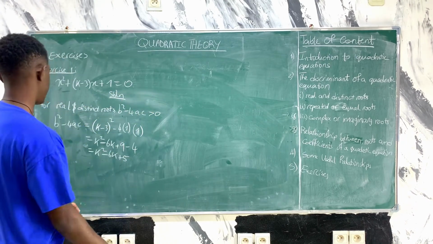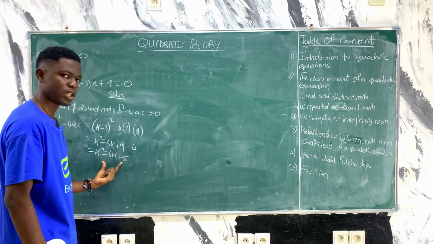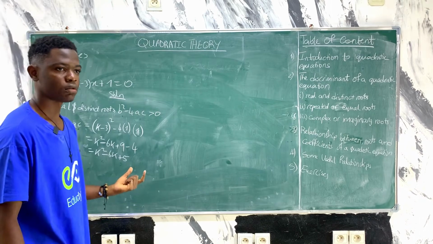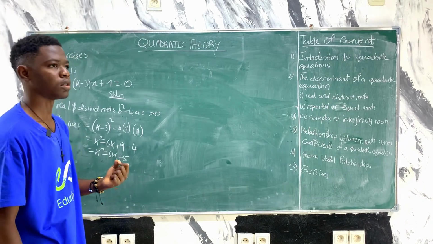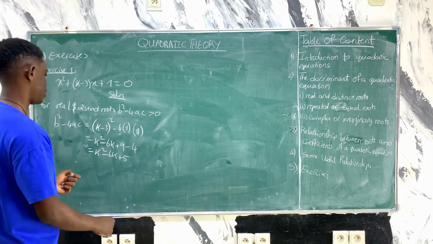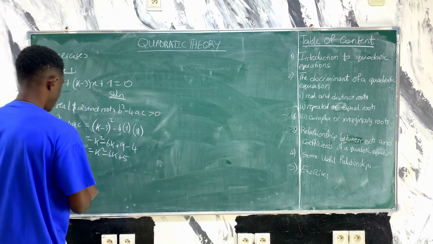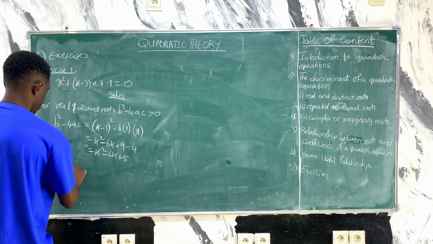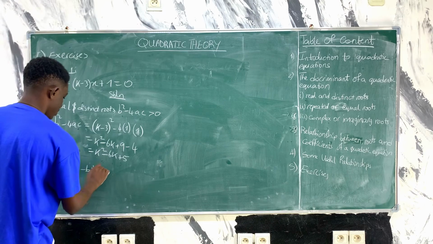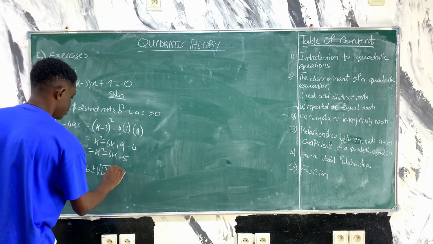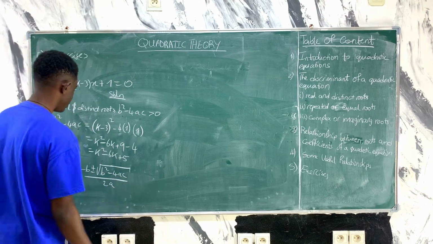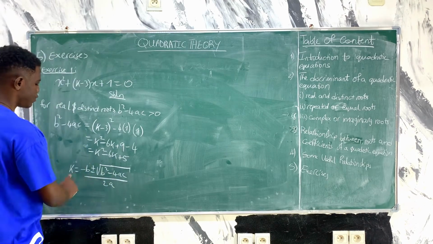You can see that this thing can be factorized, or you can use the formula. When you use the formula, k is equal to minus b plus or minus the square root of this, all over 2a. We are putting k here because we want to find k.